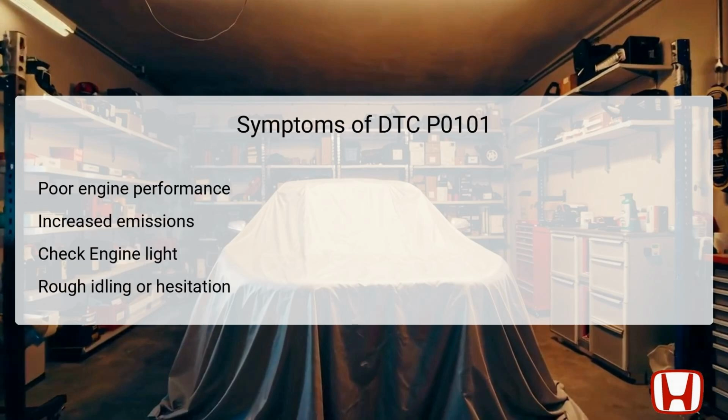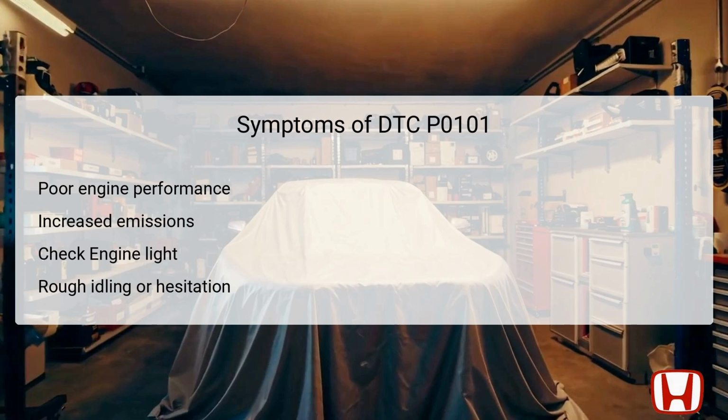Drivers experiencing DTC P0101 may notice a variety of symptoms affecting vehicle performance. One of the most immediate signs is poor engine performance, as incorrect air measurements can lead to imbalanced fuel mixtures, causing reduction in power and responsiveness.